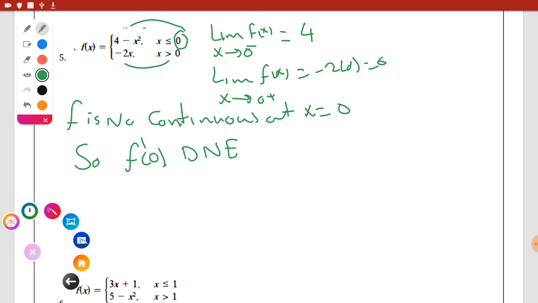But since it is not continuous, I will not continue. The derivative does not exist, and this implies x equals 0 is a critical number. That is the first question.